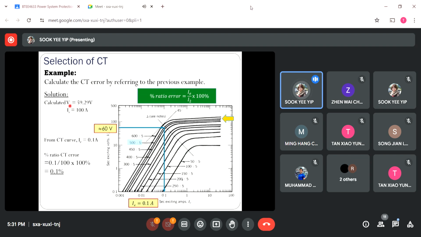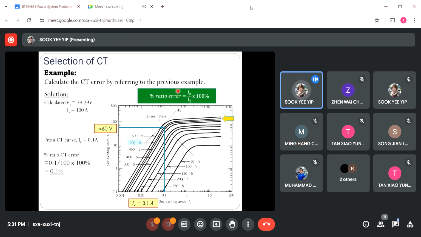Just now we calculated that the secondary voltage is 60 volts, so we know it is at this horizontal line. We have to refer to the second curve here because we are referring to the current with the ratio 500 to 5. So the intersection on the x-axis would be the magnetizing current. In this situation, we have the magnetizing current Ie as 0.1 ampere.